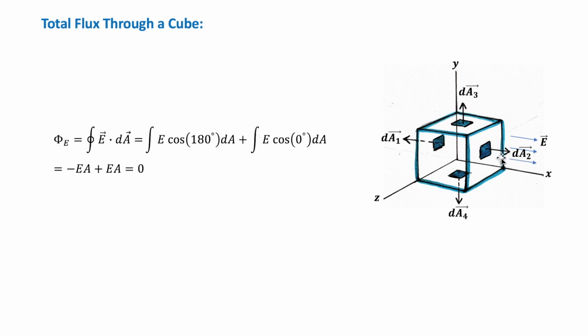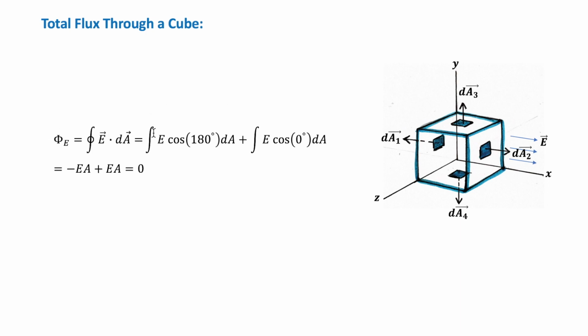And actually it is parallel to all other faces. So this, and this, and this, the electric field is parallel, so the flux through these surfaces is zero. So there is only flux through this one and this one. And so we have this integration.